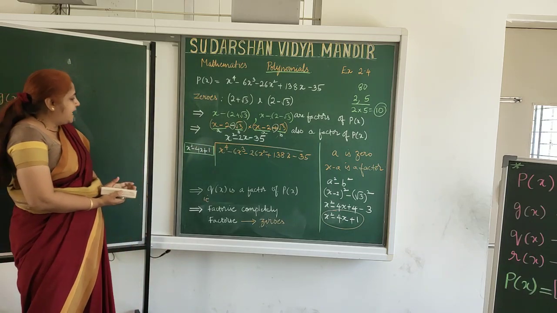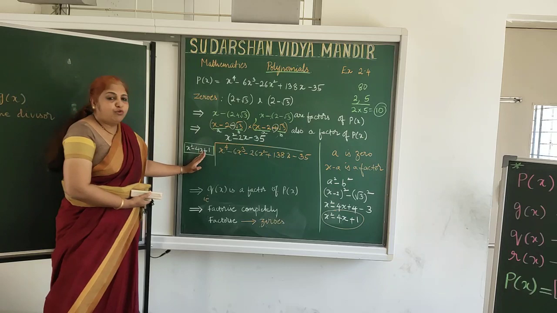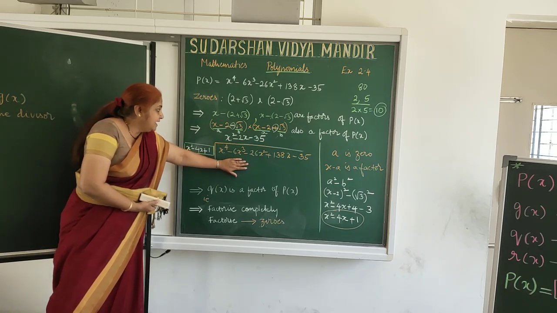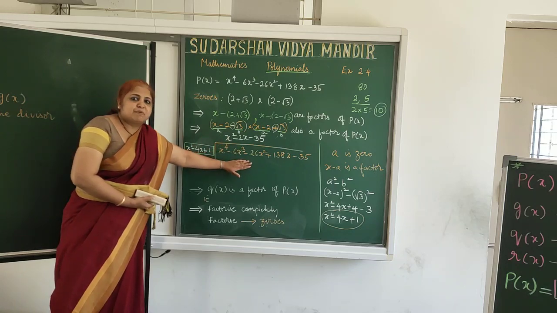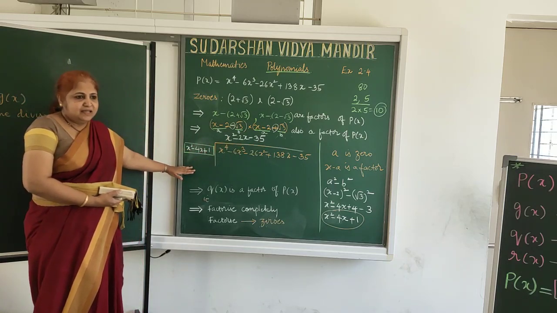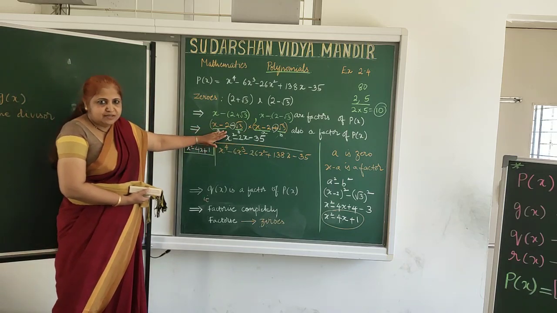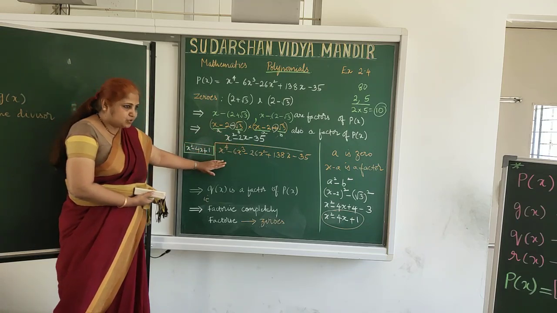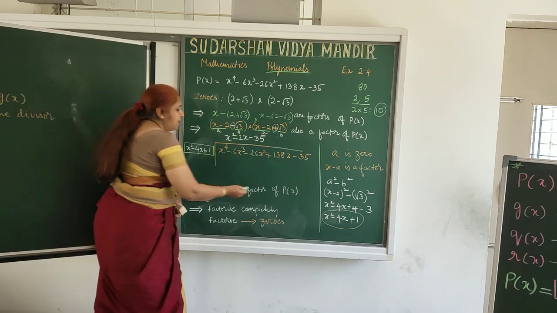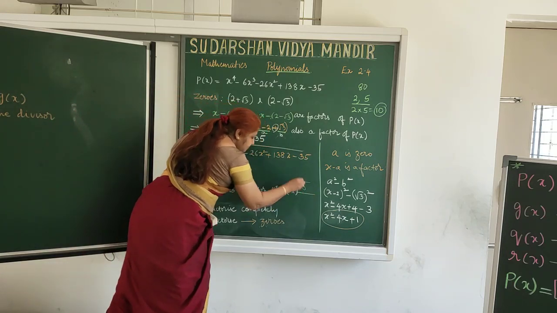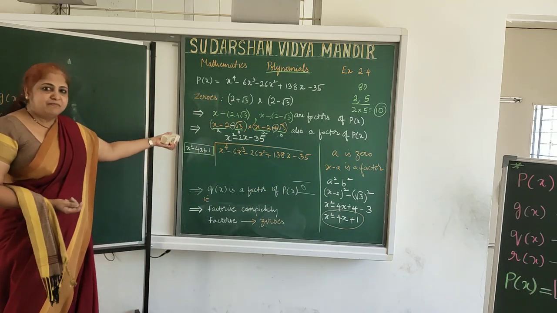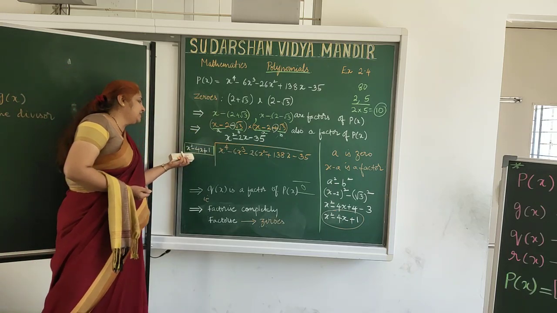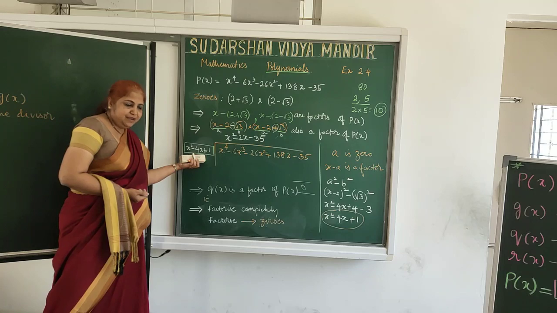The moment I establish that x squared minus 4x plus 1 is a factor of this, it means that it divides this expression completely and we get a quotient. Children, when you take up division of this with x squared minus 4x plus 1, you will get remainder 0. You need to solve this. Ensure that you have divided the given expression with x squared minus 4x plus 1.